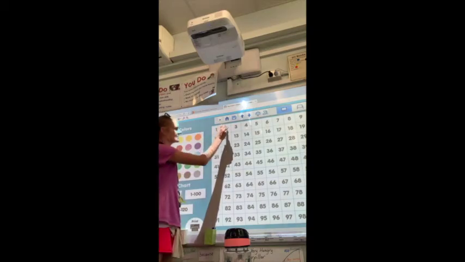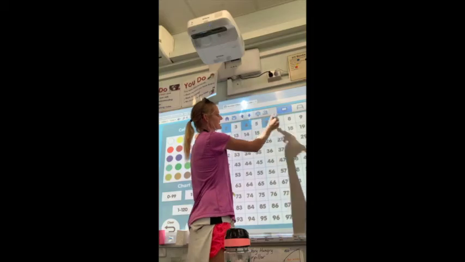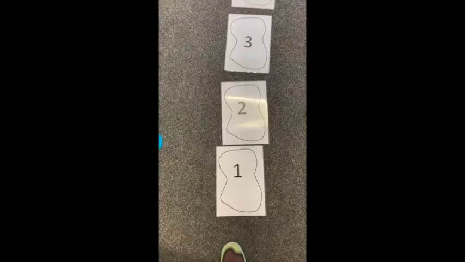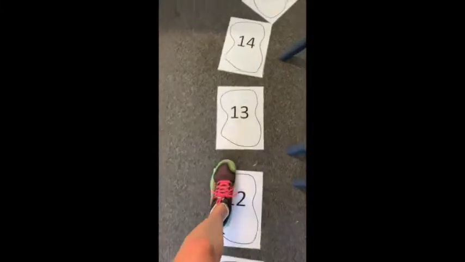So we've got here 2, 4, 6, 8, 10. Another way you can introduce skip counting is by a step ladder on the floor. 2, 4, 6, 8, 10, 12.